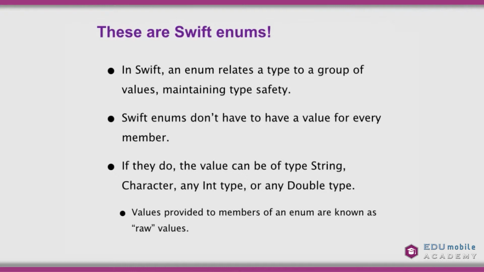But if they do have a value, that value can be of any value type: strings, characters, ints, doubles, or floats. Values provided to the members of an enumeration are known as raw values. If we set it up properly, we can get those values back by using a method toRaw.